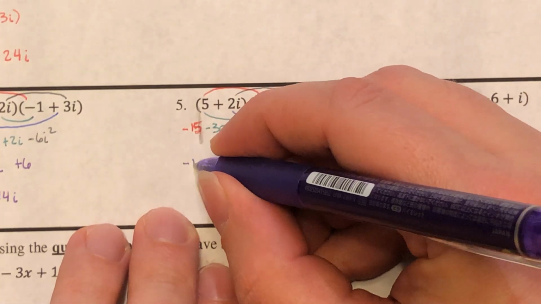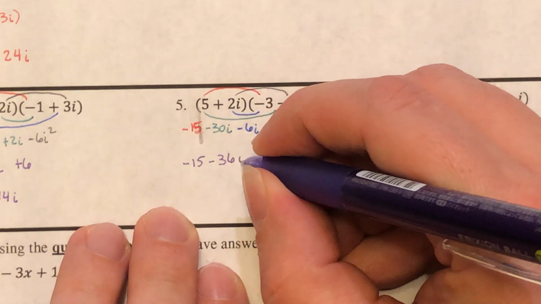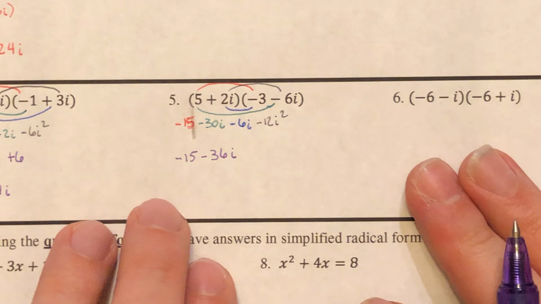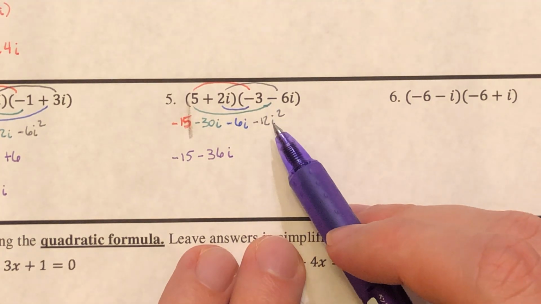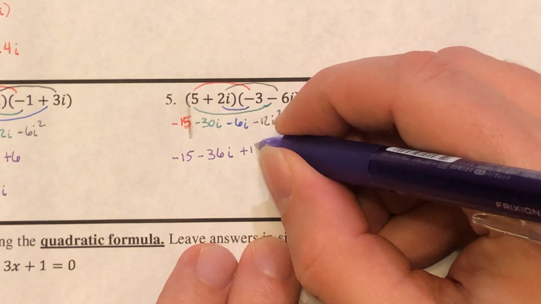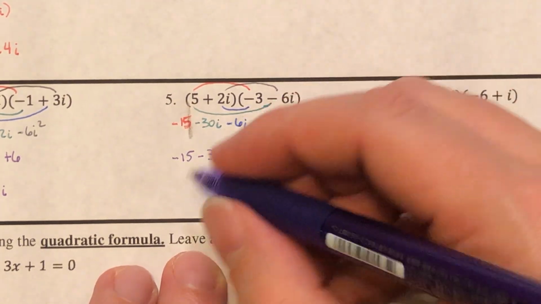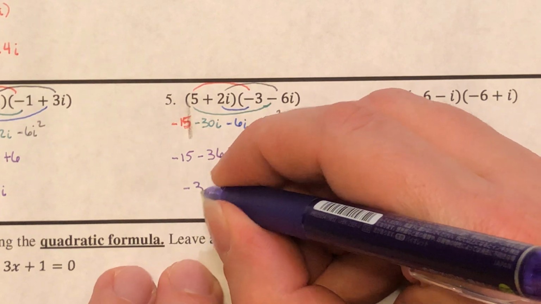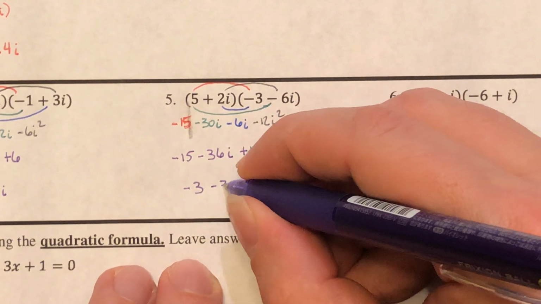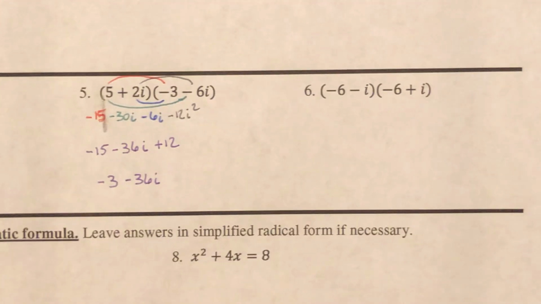So I've got negative 15 minus 36i, and then this i squared is negative 1, so that's plus 12. So I can now add those two together. So I have negative 3 minus 36i.